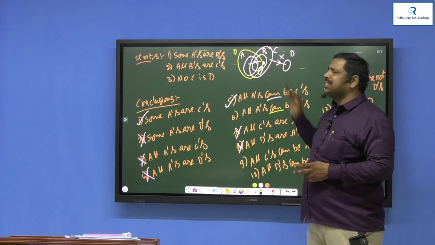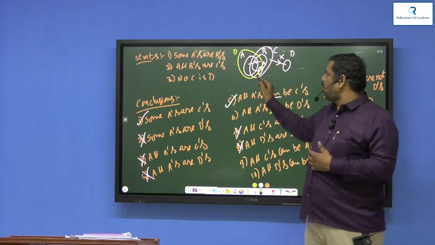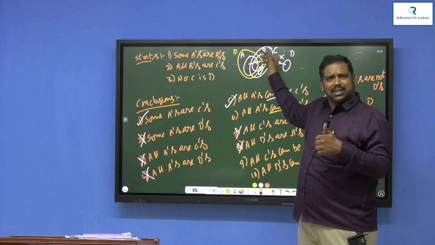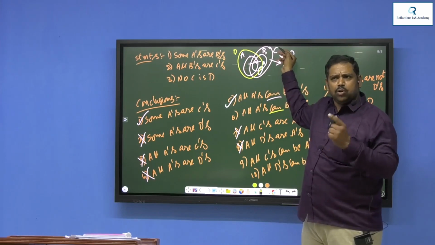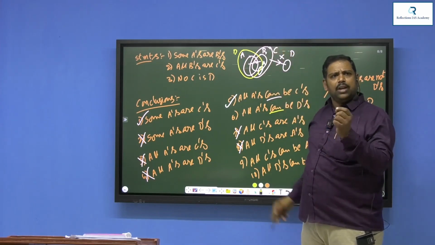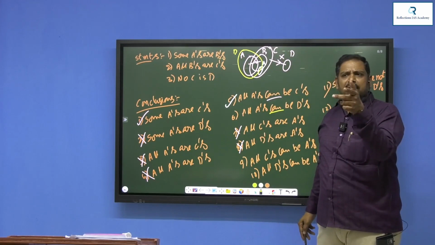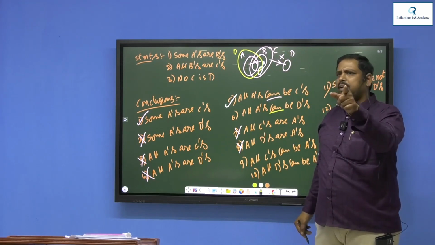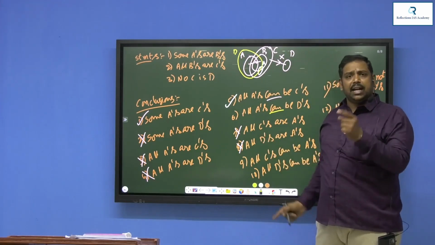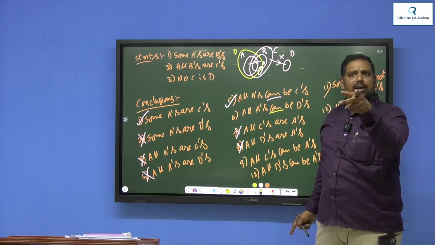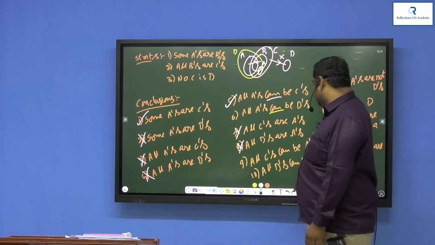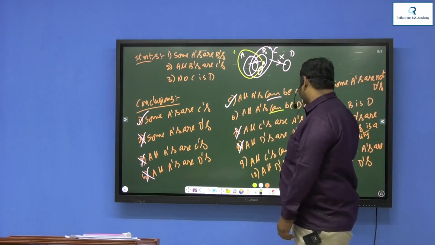If I draw like this, all A's are D's, okay, but some C's are also D, right? That should happen or should not happen? If you amend, automatically it is giving some contradiction, right? If you are getting some contradiction, is that the correct one or wrong one? So now tell me, is the sixth one correct or wrong?